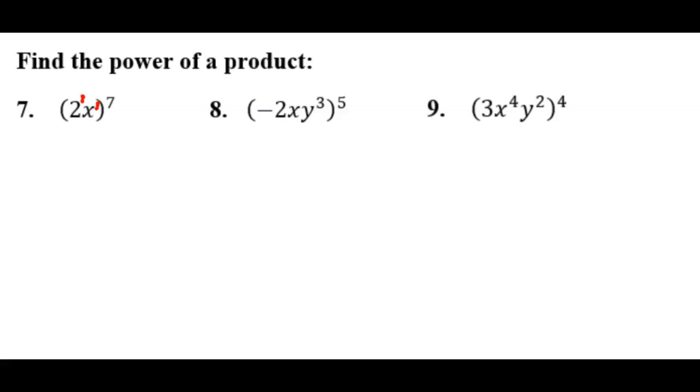We have that first rule that we did, and now this is the second rule. 1 times 7 is 7. You don't really have to put the 1. You just have to know that it's there, and distribute that in. What's 2 to the 7? 128.